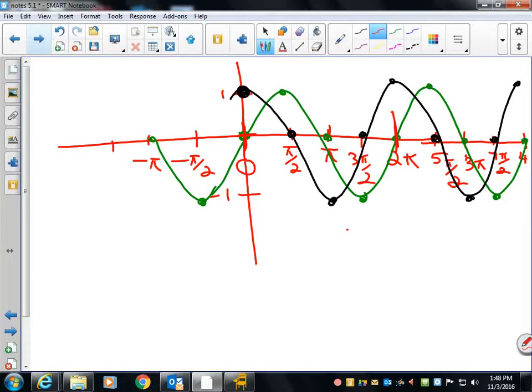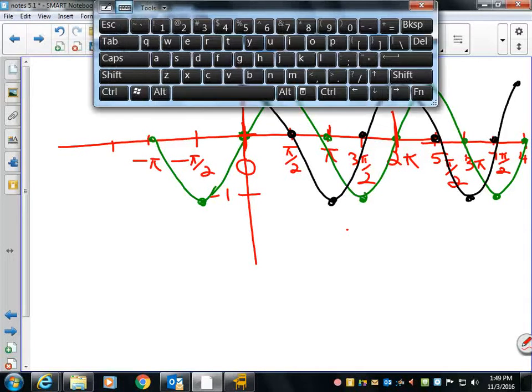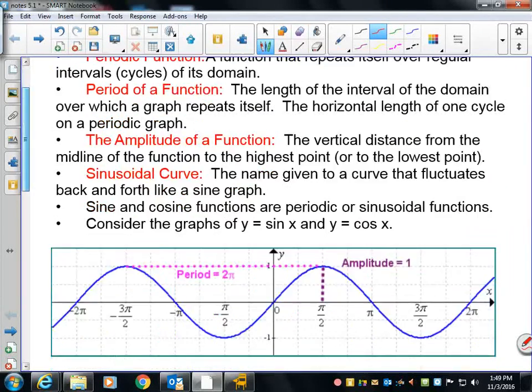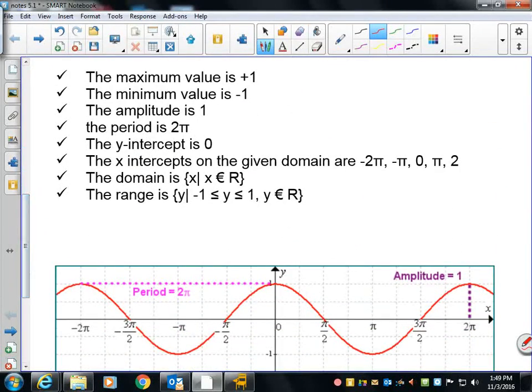Cos, where does it start right back over again? It's top again, right at 2 pi as well. Okay. Y-intercept is 0. X-intercepts, every second pi. I don't know, right?